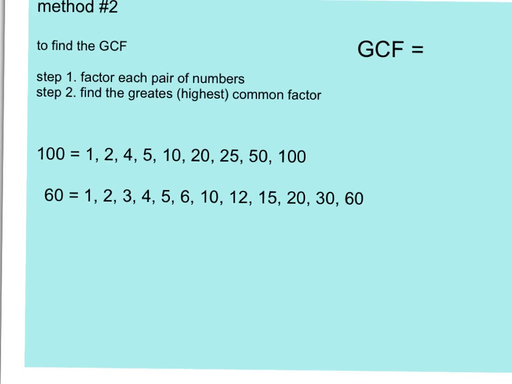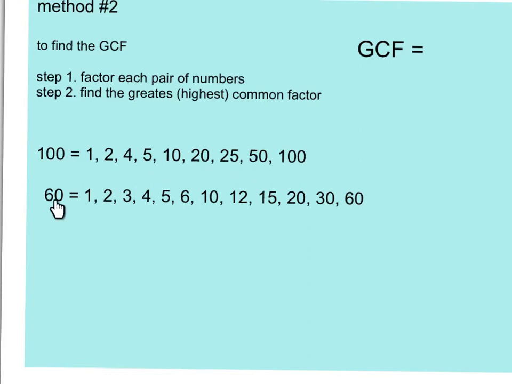Alright, on the last slide I showed you what was called method 1 for finding the greatest common factor. It was prime factorization. This method 2 to find the greatest common factor is we list all of our factors of the numbers. So the factors of 100 are 1 times 100, 2 multiplied to 50, 4 multiplied to 25, and so on.